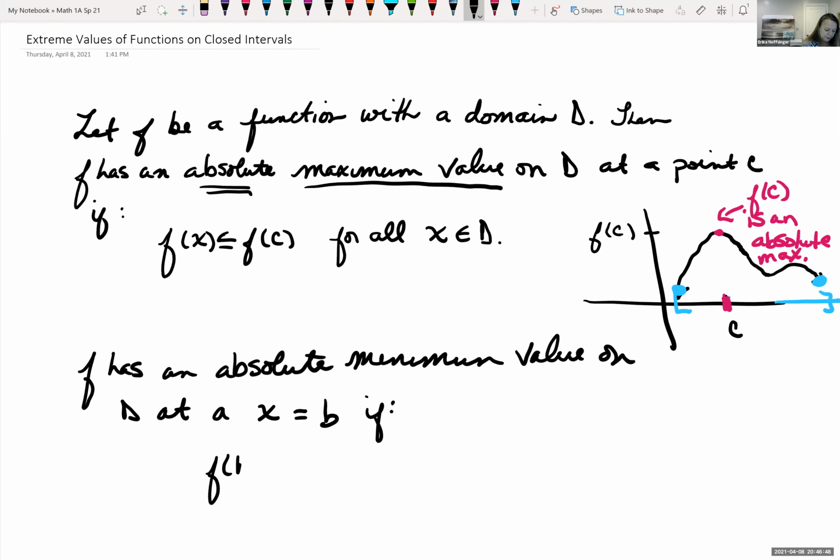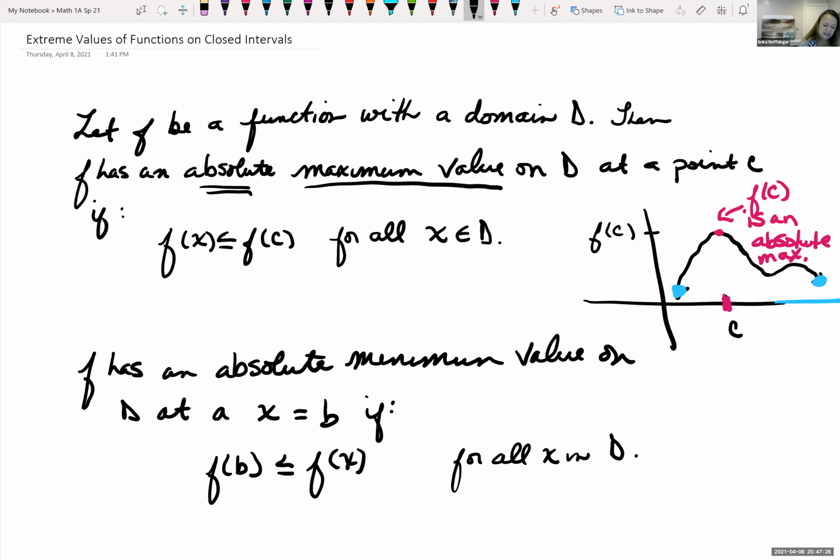So f of B has to be less than or equal to f of x for all x on that interval D. If I was looking at the case that I just drew, the smallest value looks like it would be at the endpoint in this case. So it's possible that an absolute max or absolute min happens at an endpoint on an interval.